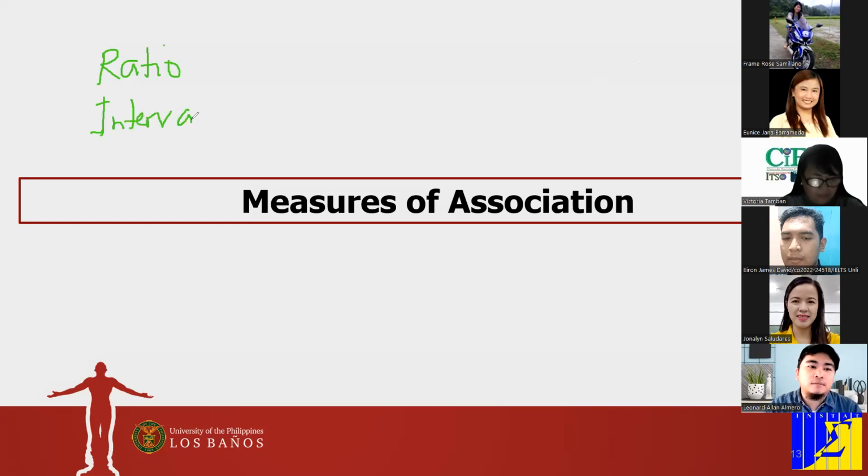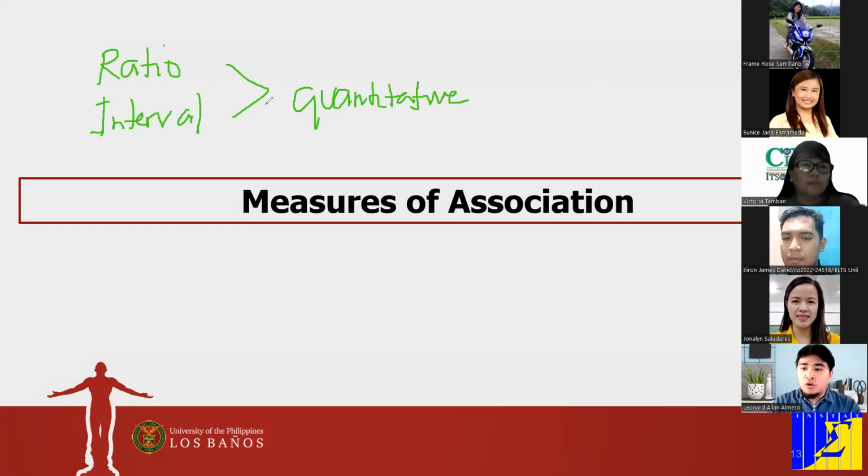Now, since rare lang yung interval na yan, and also most of the time naman ang kinukuha na natin measures of association is ratio lang. So kinombine ko na yan dito as a quantitative data. Okay, so when I say quantitative data, dun sa measures of association, nagpe-pertain na yan kay ratio at interval po.